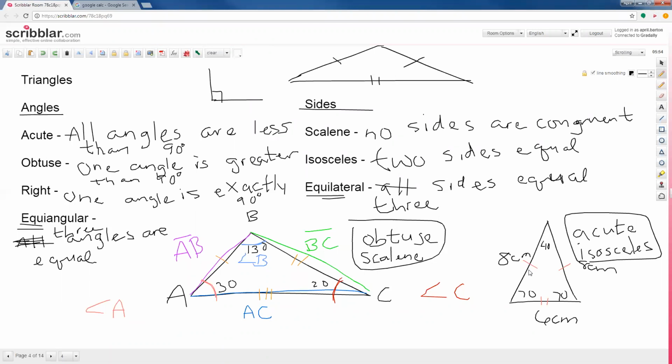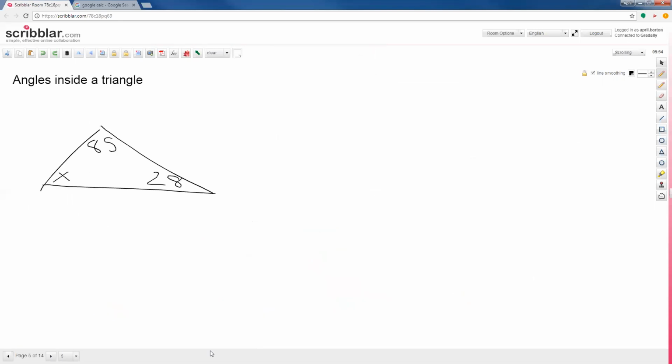So the angles inside tell you the first part of the name, and the sides on the outside tell you the second part of the name. You're welcome.